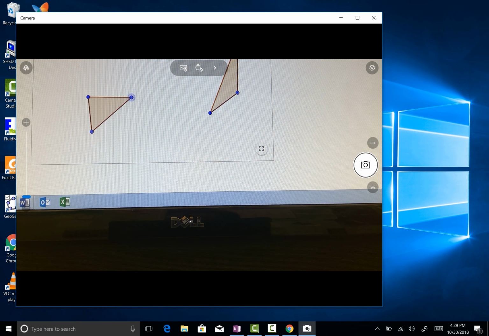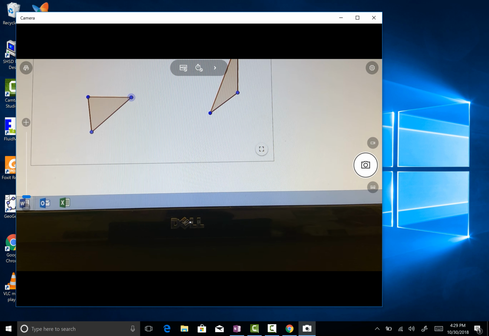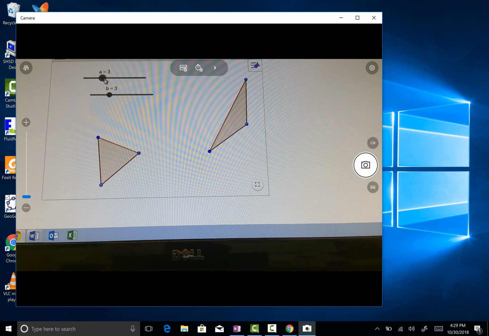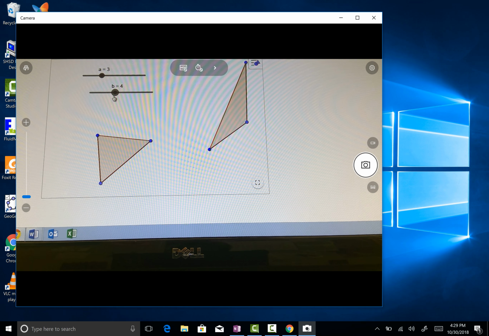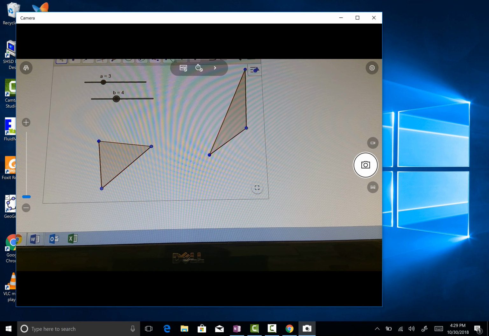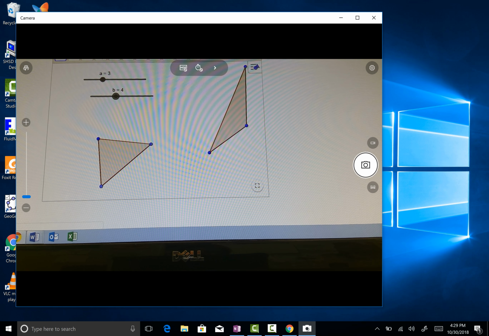So it's taking more than just two things in order to make triangles congruent. That's not working out. Even if I adjust these, it doesn't make any difference. These triangles are not going to be the same or congruent. So let's do the next one. So I'm going to go and get the next one.